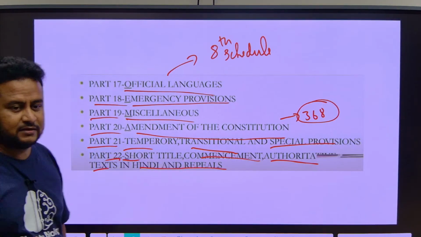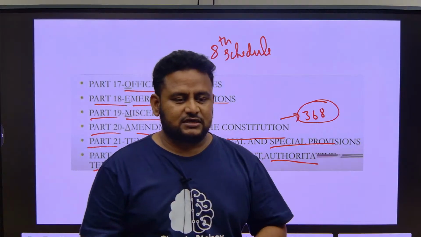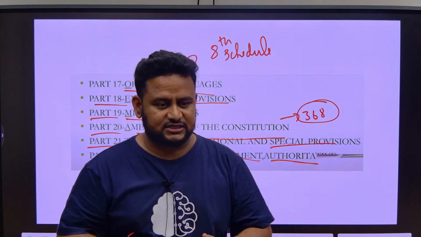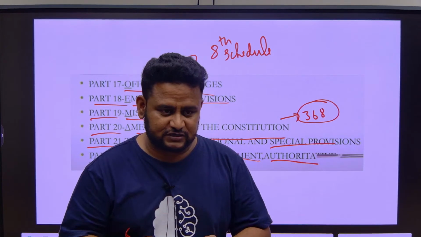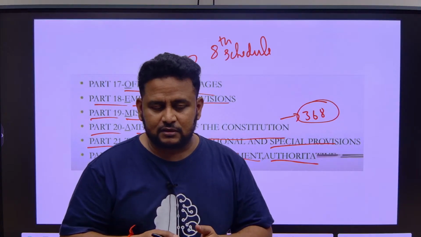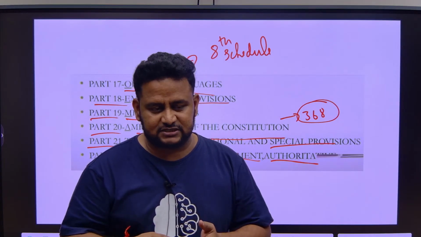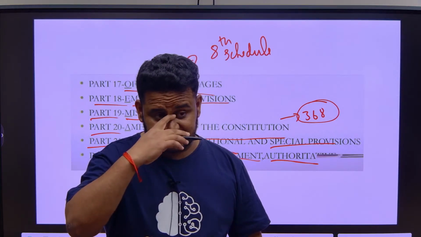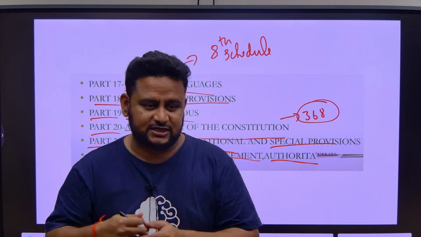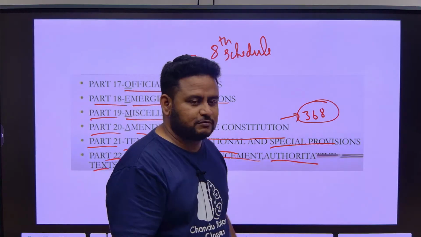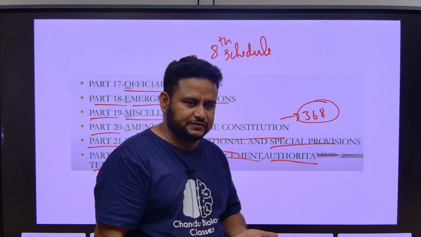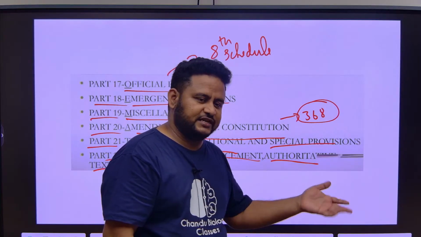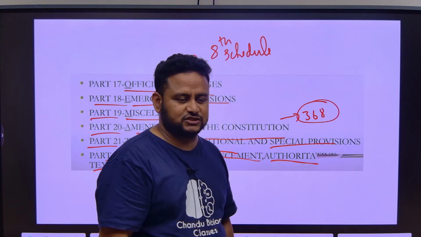For example, we have special provisions given to certain states. They will receive more funds because they want to be more developed, as they are already facing backwardness. We call them special category states. That is a special provision given to that state. Like that, special provisions are given in various other dimensions, not just for SCs and STs.